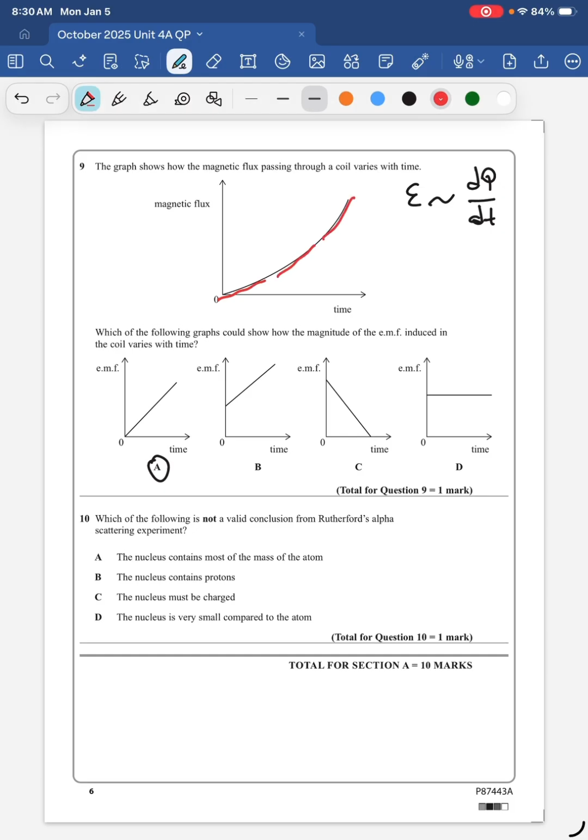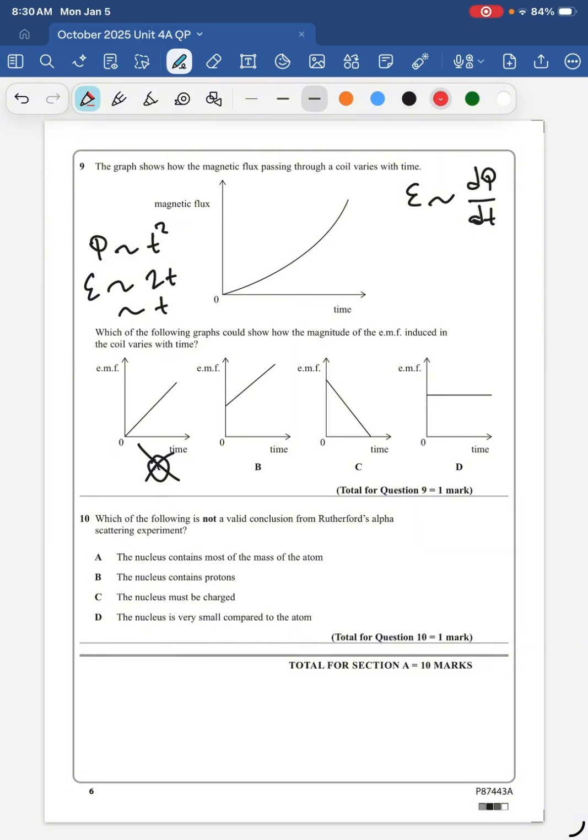Since the magnetic flux appears to be a parabola, assuming that phi is proportional to t squared, then I assume that the EMF is proportional to 2 times t, or just t, right? So I was expecting A, but that's wrong.